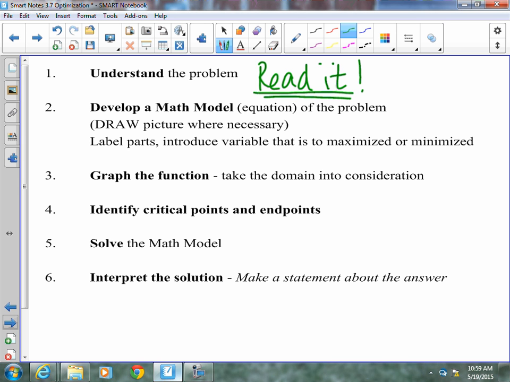Thirdly, graph the function. Take the domain into consideration. Identify critical points and endpoints. Remember that these come from the derivative. Solve the math model and interpret the solution. So make a statement about what you found.